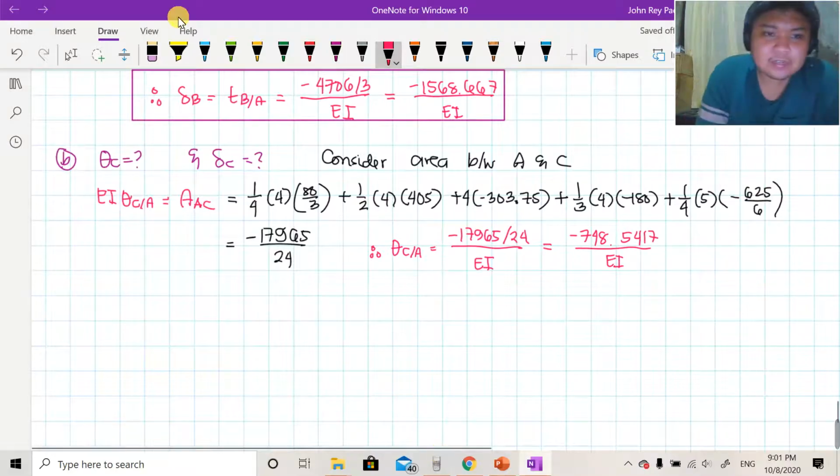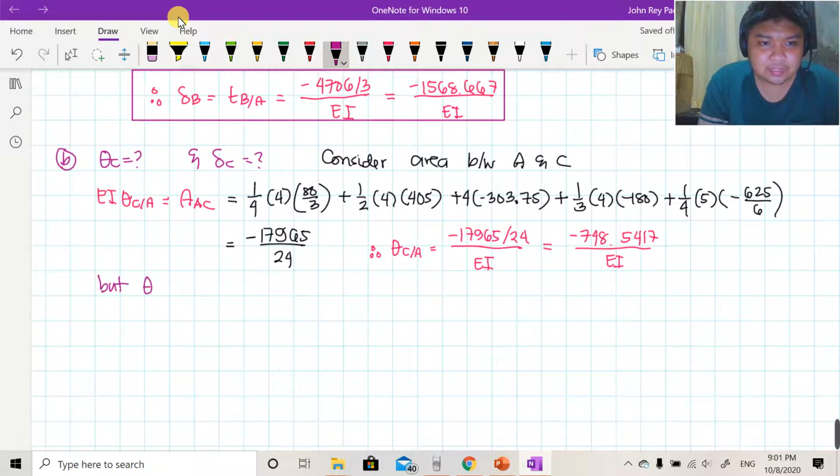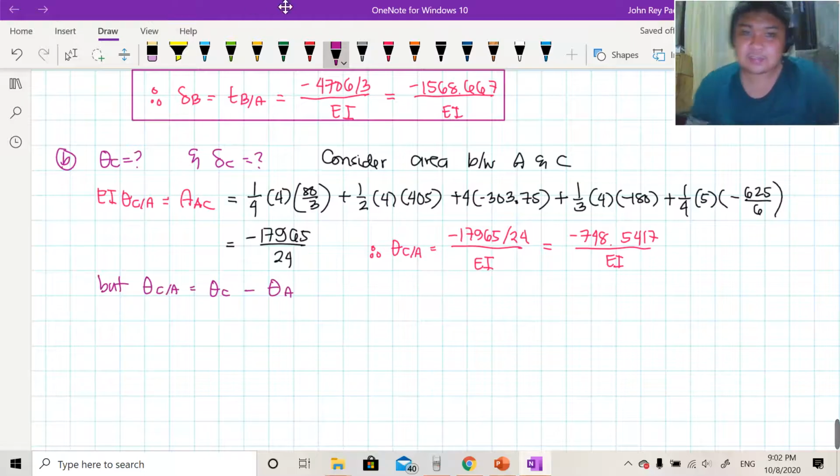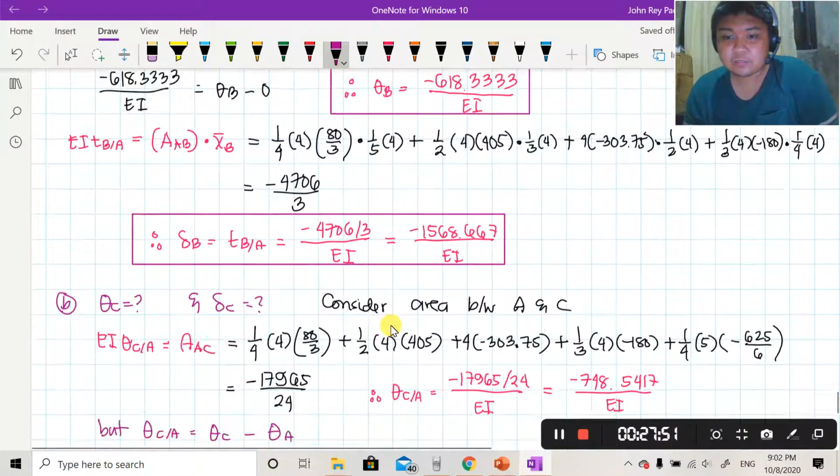So, we reflect this one, no? By the way, meron pa tayong ditong last step, formality na lang naman. Alam mo rin naman na yung theta from C to A is simply right to left ito theta C minus theta A. Kasi nga 'di ba, yung nasa kanan is yung point C, yung nasa kaliwa is yung point A.